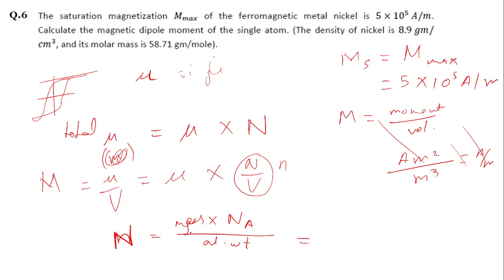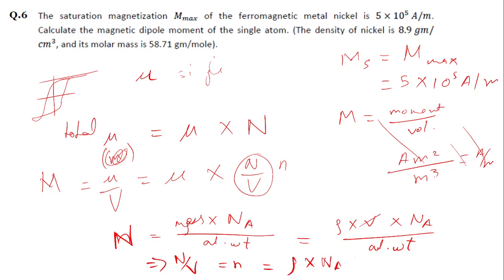And mass I know is density times volume, so this will become like this. But I don't need to find the number of atoms. What I need is the number of atoms per unit volume. That means if I divide by volume on both sides, I'll get the number of atoms per unit volume, and the volume will be gone, right? So it will be density times Na divided by atomic weight. I need to find small n, which is density times Na divided by atomic weight.